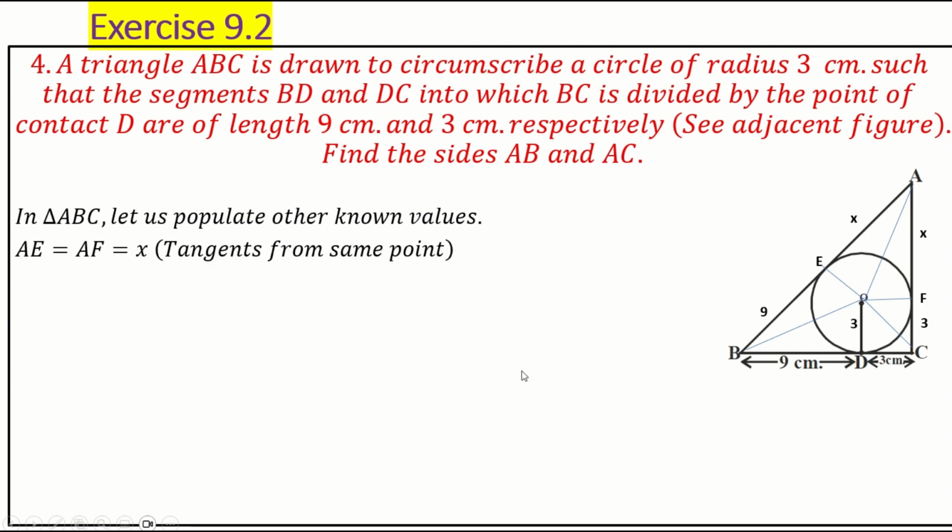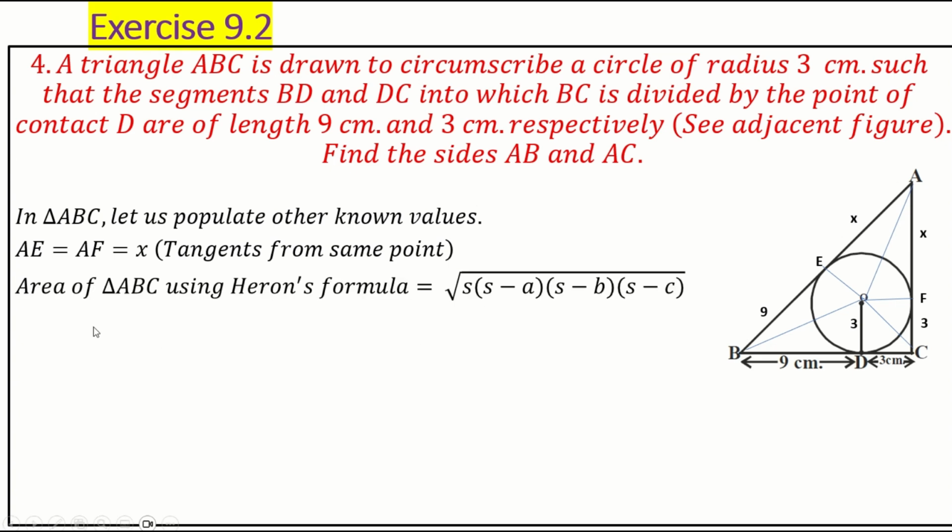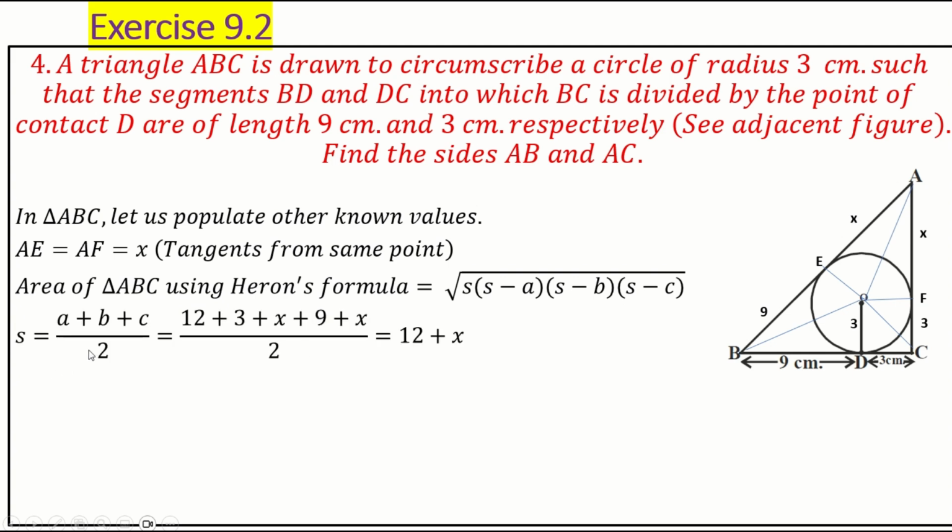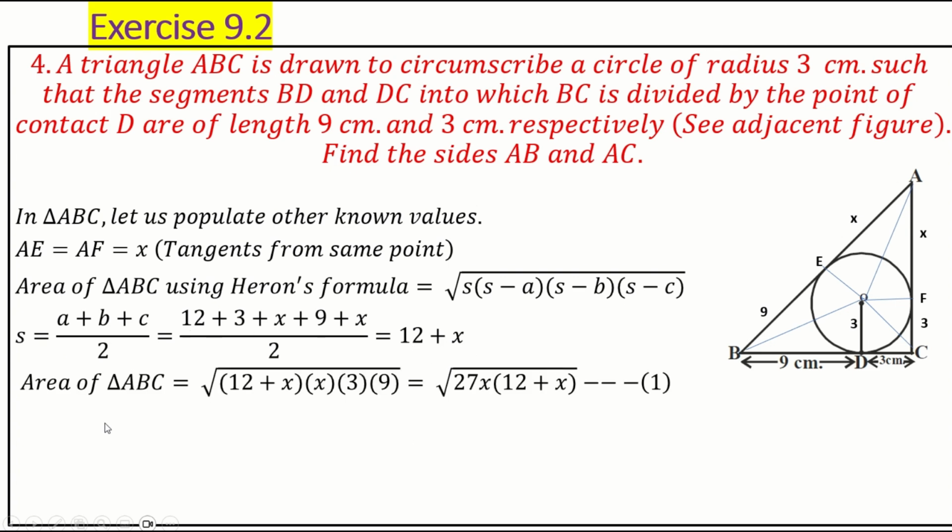AE equal to AF equal to X. Then the area of ABC from Heron's formula is the square root of S into S minus A into S minus B into S minus C. So S equal to A plus B plus C by 2, which is nothing but 12 plus X. So this is equation 1 for us, the area of the triangle.